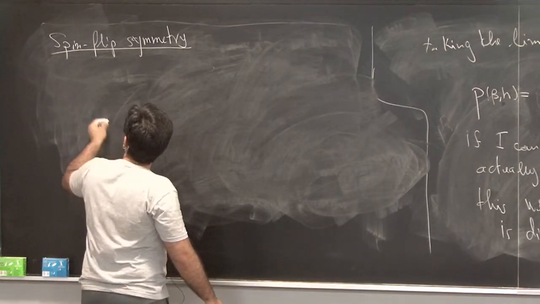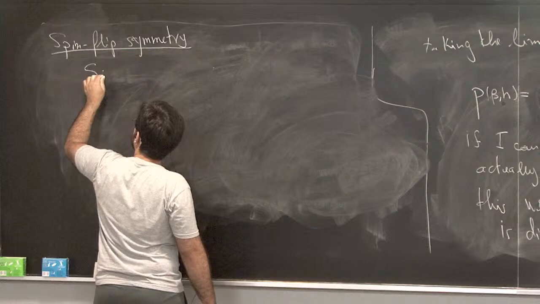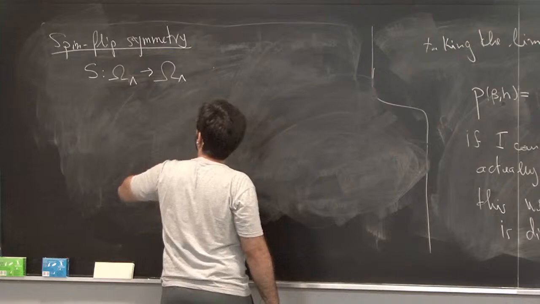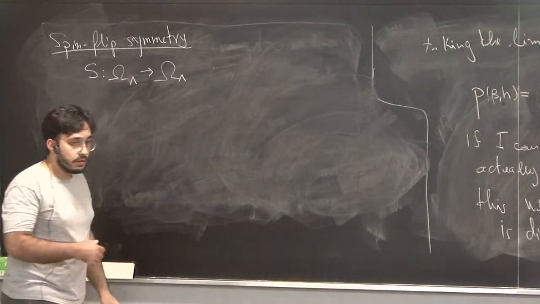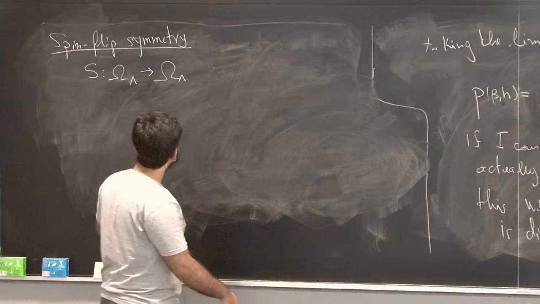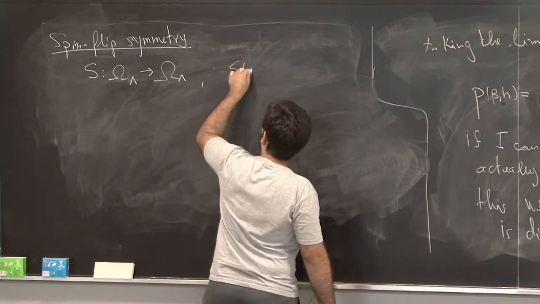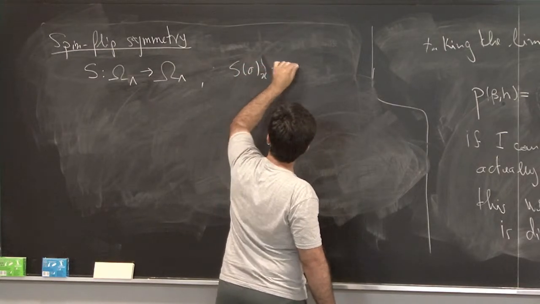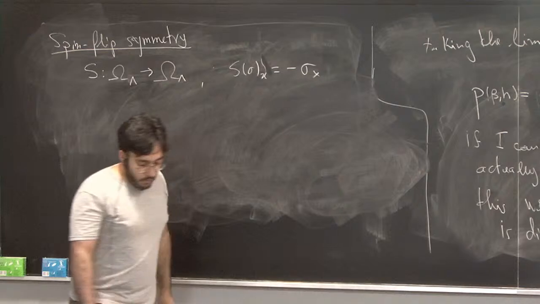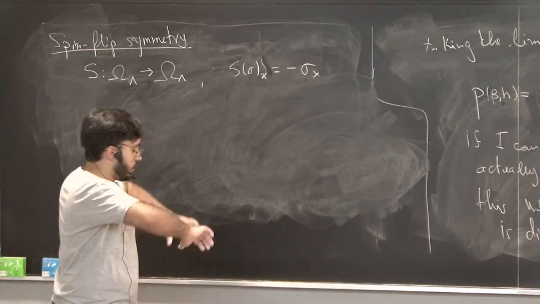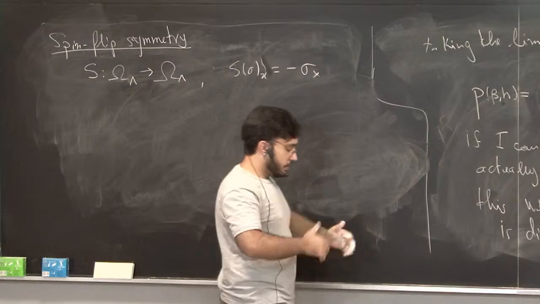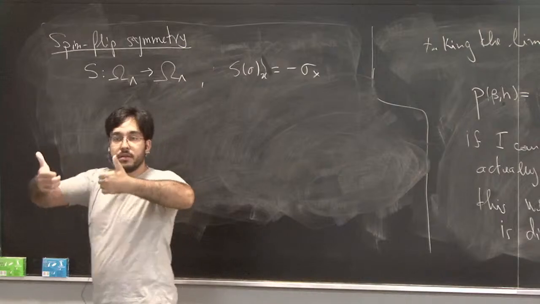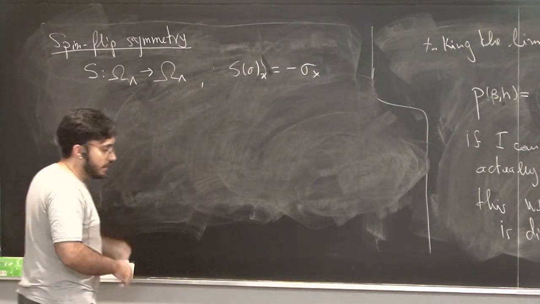We do the following. Define the map on the local configuration space. So you take a configuration and you get a configuration that is given by the following: S sigma x calculated at some point is just minus sigma x. Since your system is just plus or minus 1 inside some finite set, what you are doing is just flipping every spin to the other direction.